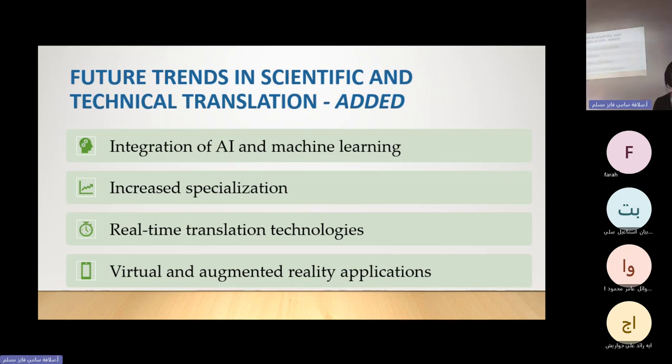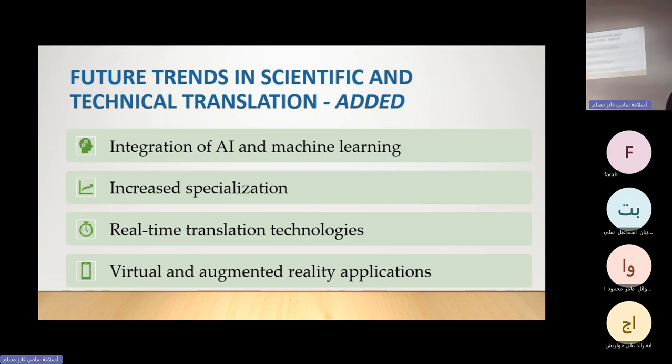Real time translation technology. ليش real time؟ Because we said scientific and technical words evolve every minute, every day. Okay? And virtual and augmented reality application.